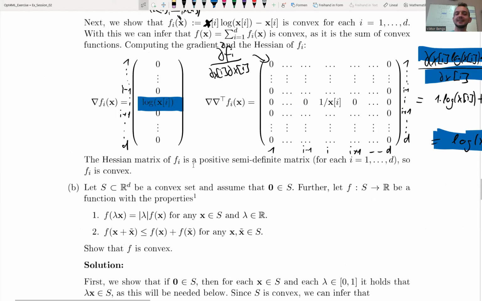The Hessian matrix of fi is definitely positive semi-definite because all eigenvalues are 0 except one. It's just one, so the highest one. So xi can be something between 0 and 1. So this is definitely something non-negative.